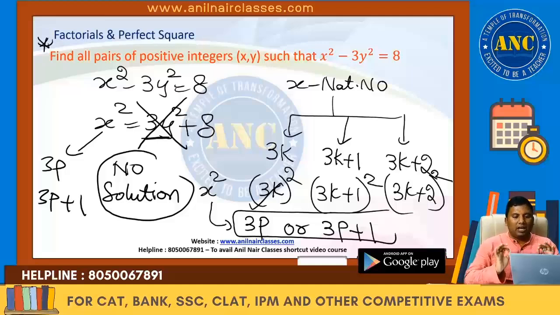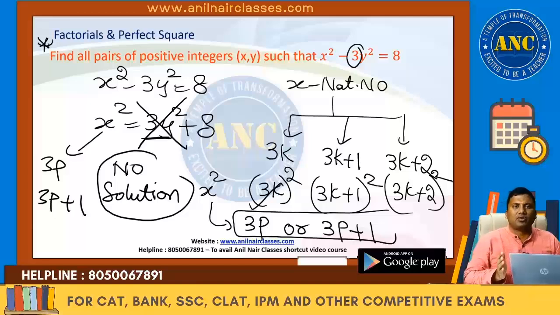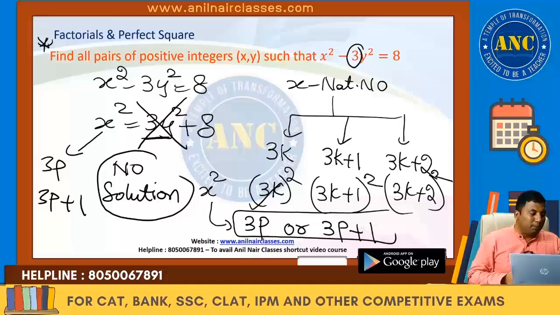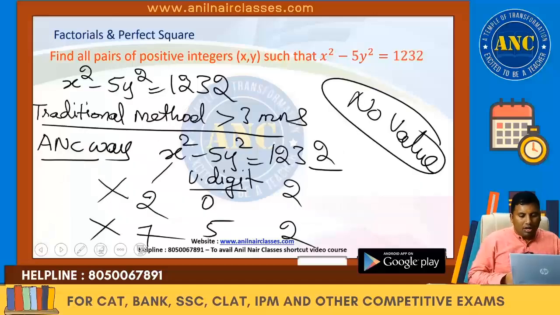X square minus 3y square is equivalent to 8. Because the coefficient of y square is 3, I found out the nature of a perfect square. What happens when it is divided by 3? A perfect square is always of the form 3p or 3p plus 1. Unit digit logic.